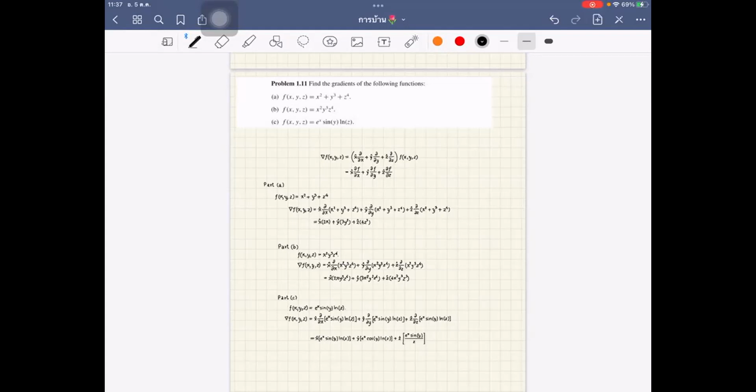We can say that the operator operating on the scalar function is the gradient, and the formula of the gradient looks like that on the screen. The other thing we need to do is the simple derivative. So you can continue.